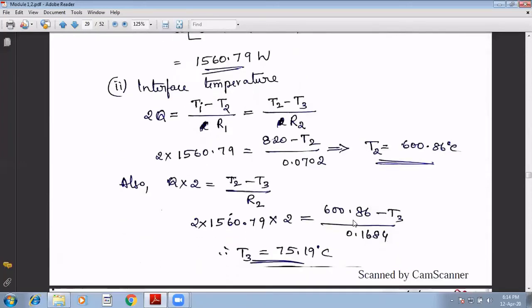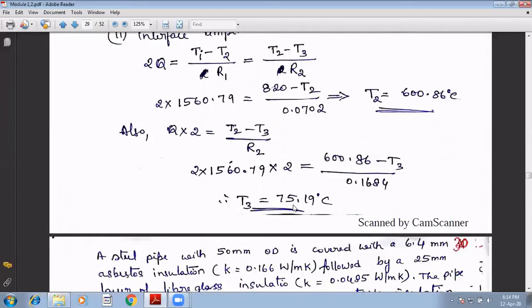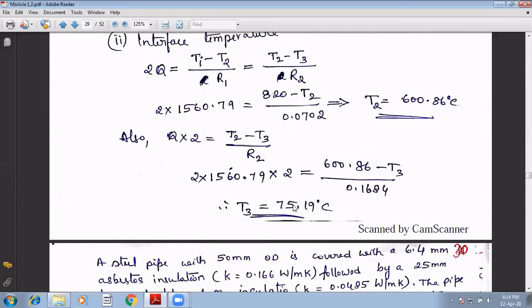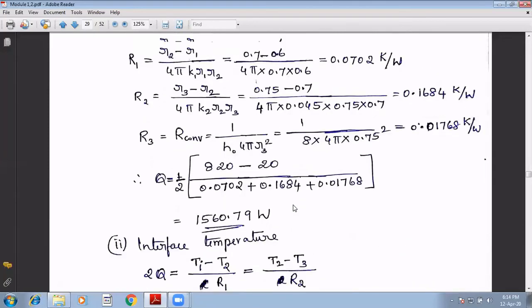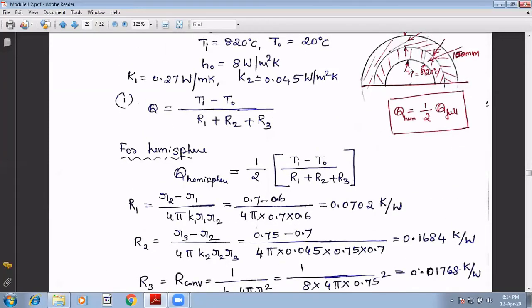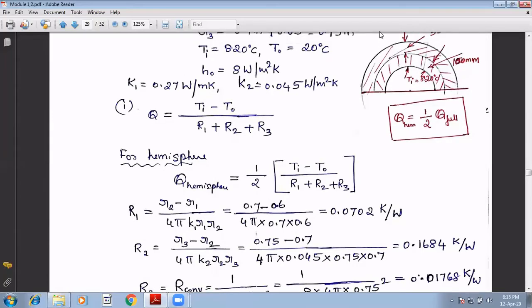Similarly, T3 as 75.19 degrees Celsius. You can see here, T1 should be greater than T2, should be greater than T3, should be greater than outside temperature.